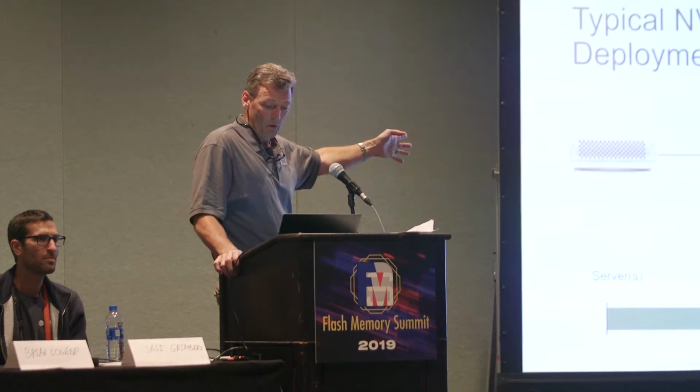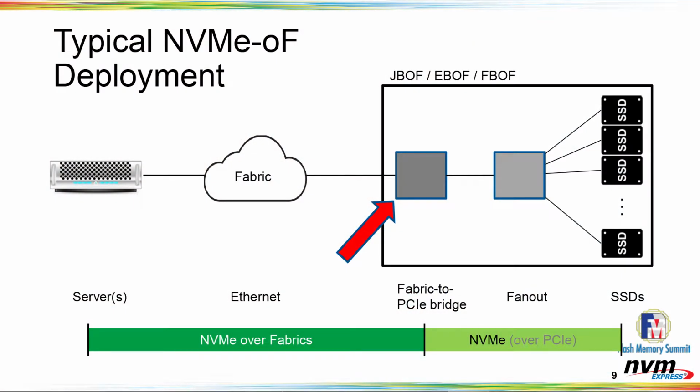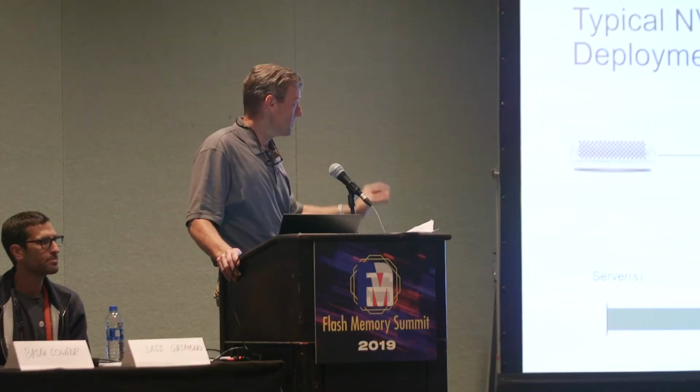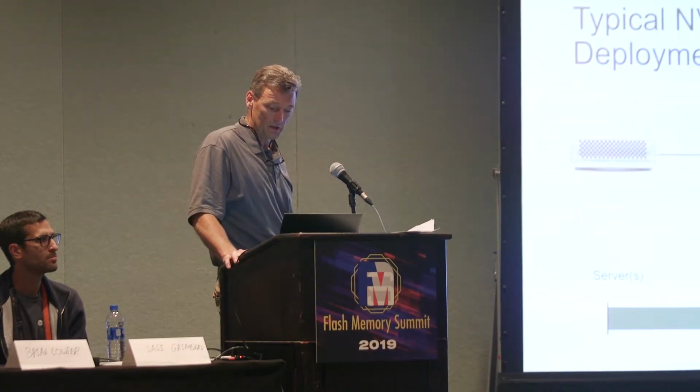So the last component is this fabric to PCI Express bridge that has to speak the NVMe over Fabrics protocol, RDMA, TCP, whatever, across this fabric, and then convert that to just the regular old NVMe traffic that these SSDs want to speak.